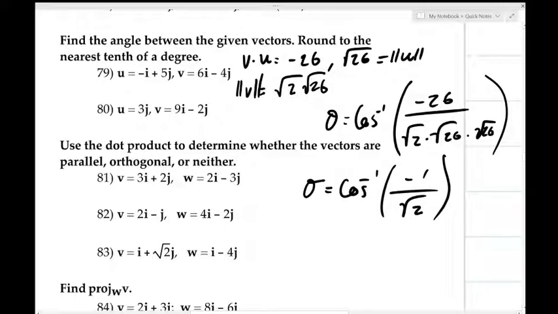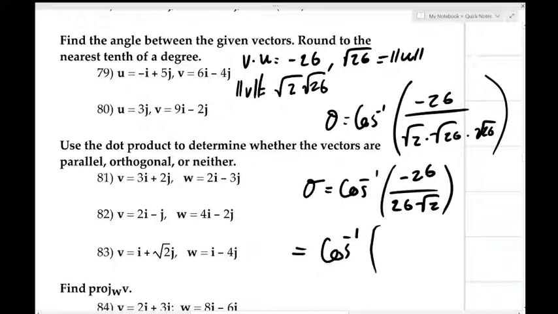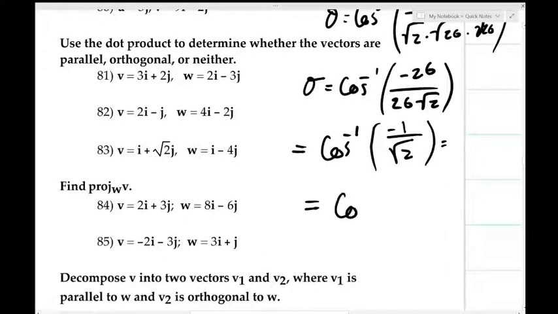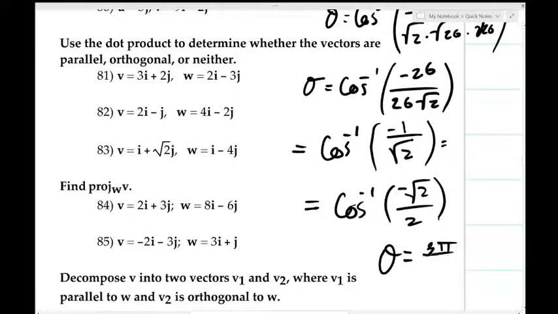Okay, why was that? Let's take a step back. So we'll get negative 26, and underneath we'll get square root of 2 times 26, and the 26 we're going to cancel out, so we have cosine inverse of 1 over negative square root of 2, and that is equal to cosine inverse of negative square root of 2 over 2, and theta will be 3 pi over 4.